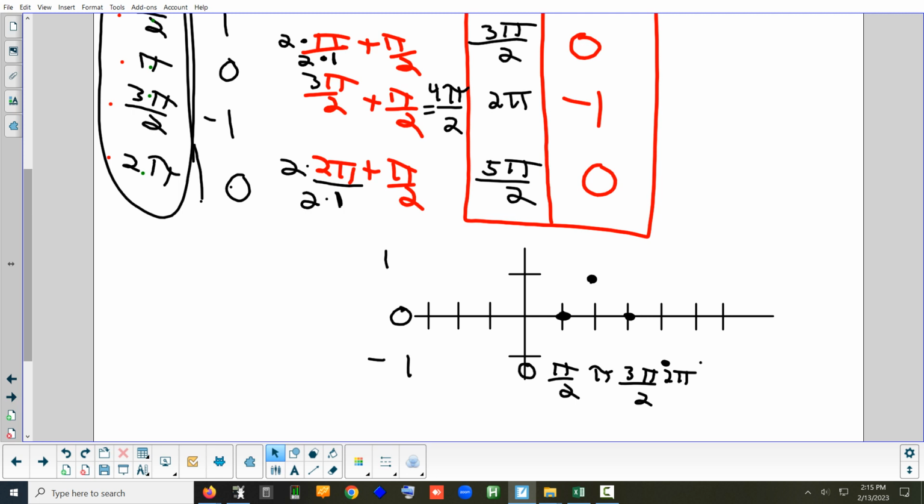And I need one more label I forgot to put. 5 pi over 2 is at 0. And remember, when you connect dots, it's a wave. So just try to make it look as smooth of a curve as you can.